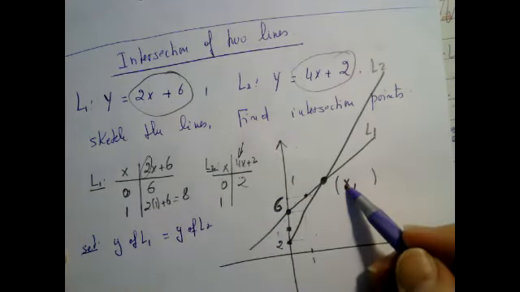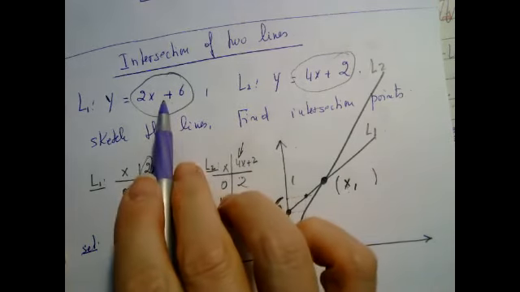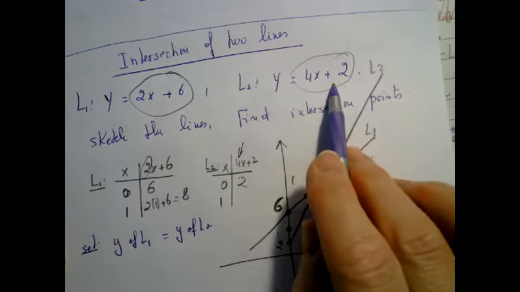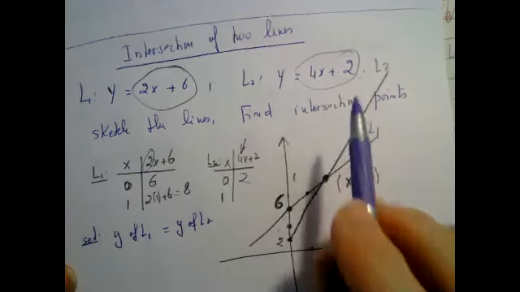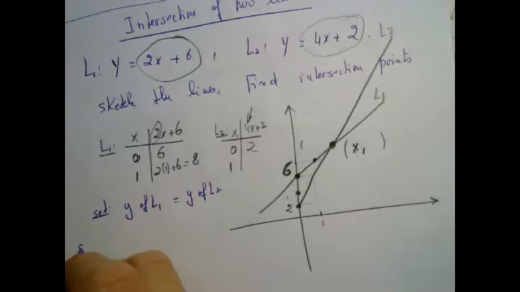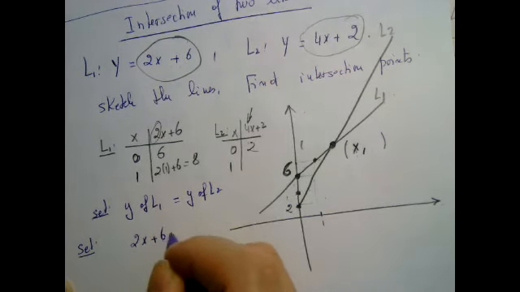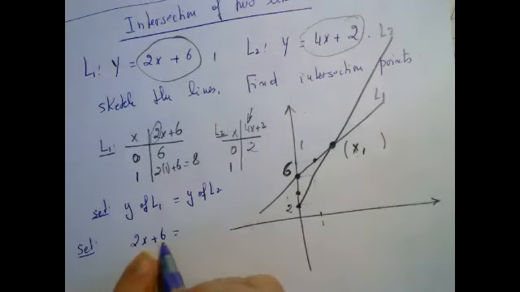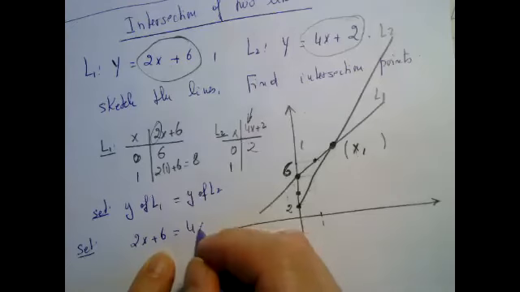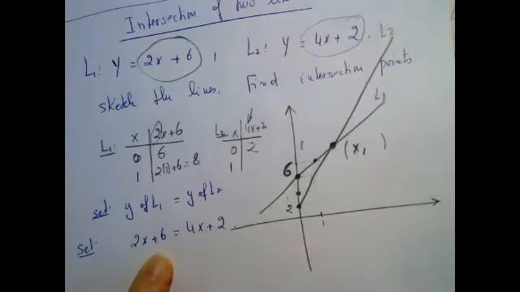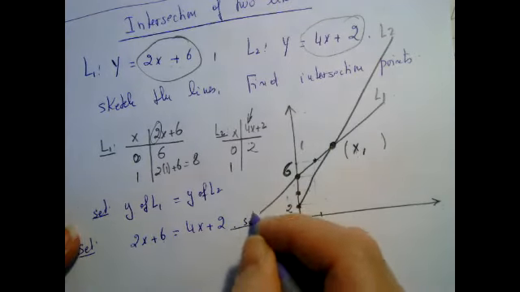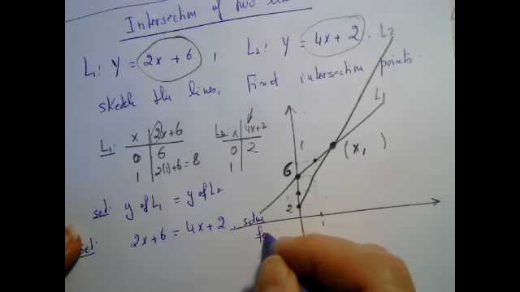Because we're looking for the value of x, so that if you plug it here or here, I get the same y. So we set 2x plus 6 equal 4x plus 2 and solve for x.